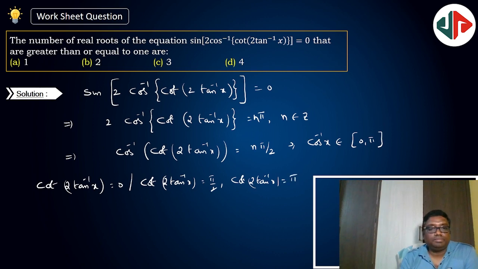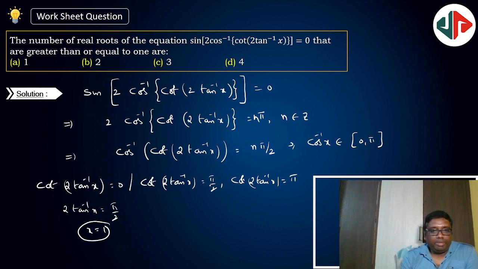So those are the possibilities. Now when will the cot function become 0? At 90 degrees, cot 90 is always 0. So if 2 times tan inverse of x is equal to 90 degrees, then x is equal to 1. This is one value.